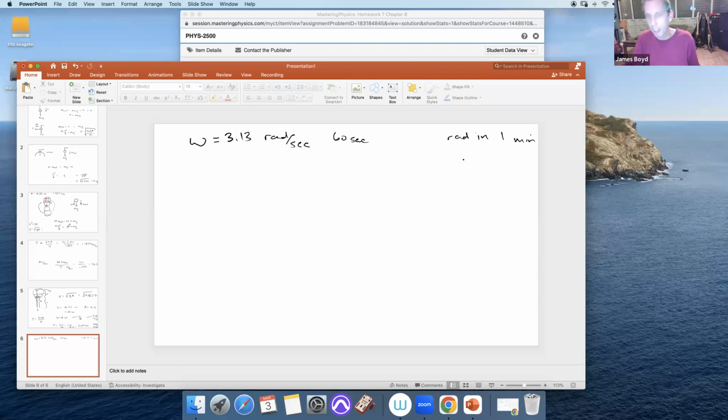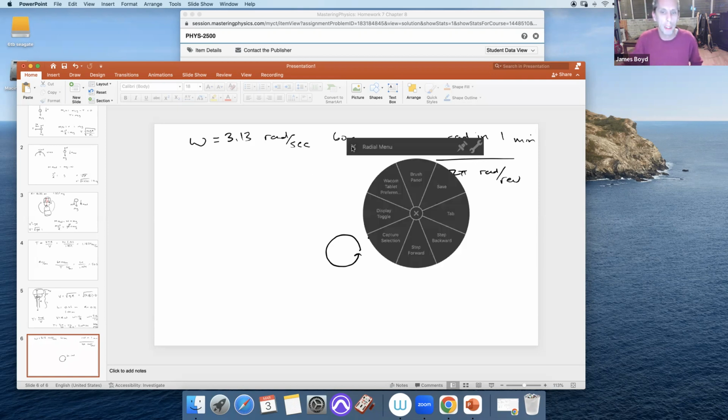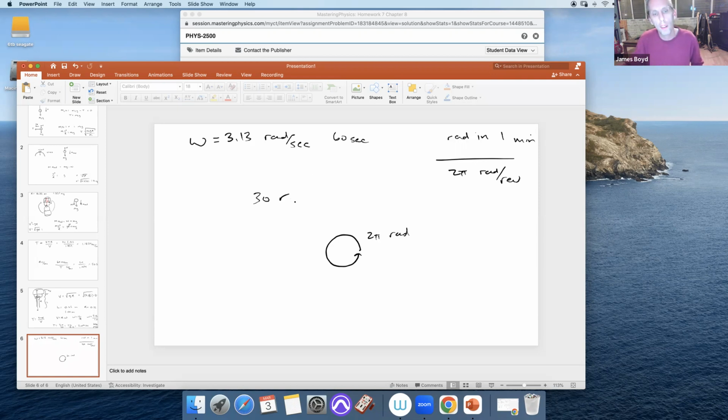Once we find that, if we then divide it by 2 pi rads per revolution, because as it goes around once, it sweeps through 2 pi rad, we can find the number of revolutions per minute. So that means 3.13 times 60 divided by 2 times pi, which is again about 30 RPMs.